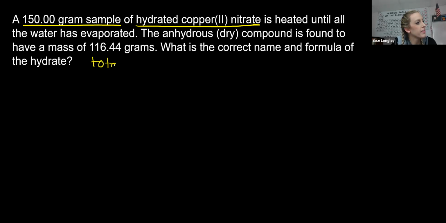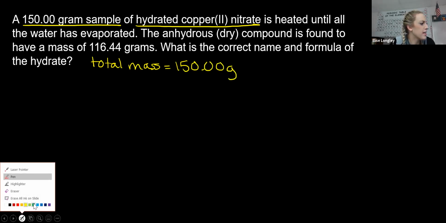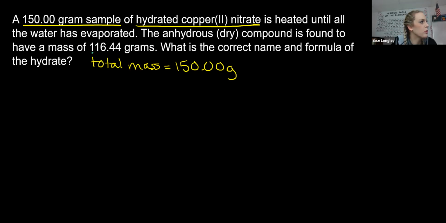Yep, so let me do this. Total mass is equal to 150.00 grams. Then you said that the mass of the dry compound is 116.44. So how would I write the dry compound?